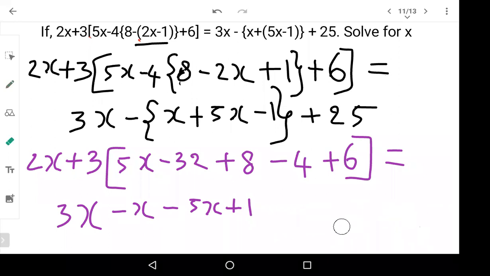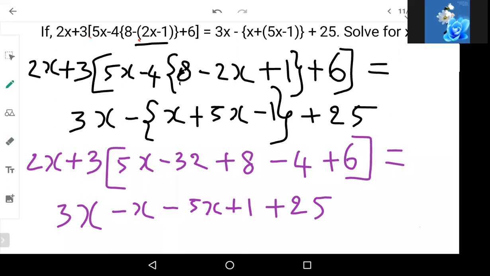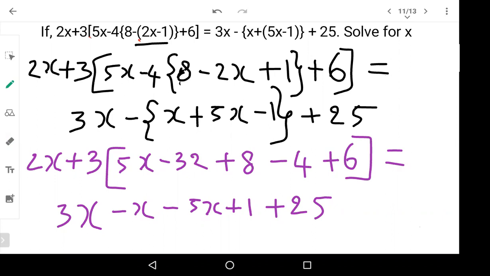Which number is remaining from the question? +25. +25 is remaining. Okay. So any doubts until step 2? We will take it slow because such problems can be asked in the examination with the brackets. Okay. No doubts? Okay, good.